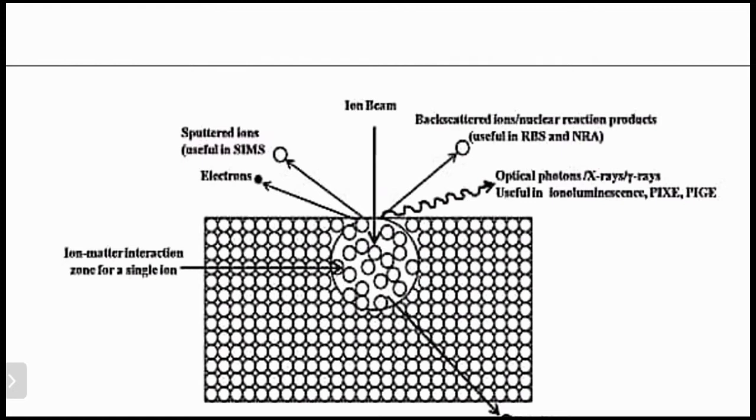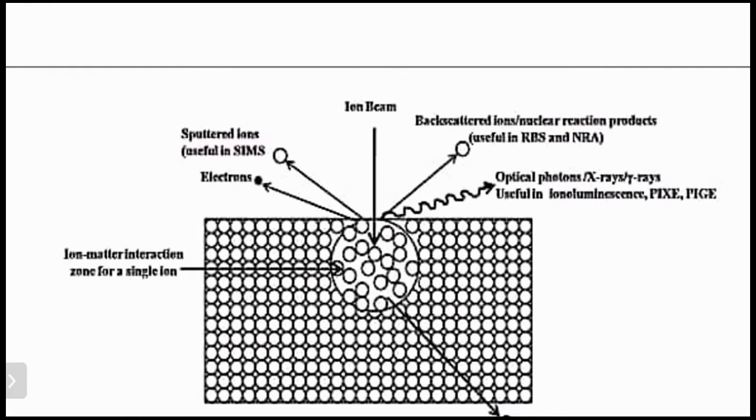Sometimes secondary ions might be generated due to the incident primary beam, and that analysis is secondary ion mass spectrometry, SIMS. Other electrons might be ejected, some radiations might be emitted, or some inter-matter interaction may take place, that is, energy deformation within the sample.